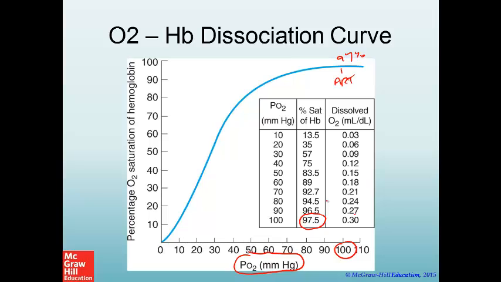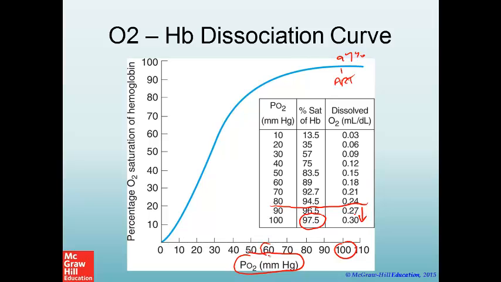So that's your hemoglobin saturation, which should always be above 95, unless there's some disorder, some pathology in the lungs, something going on with the cardiovascular system.